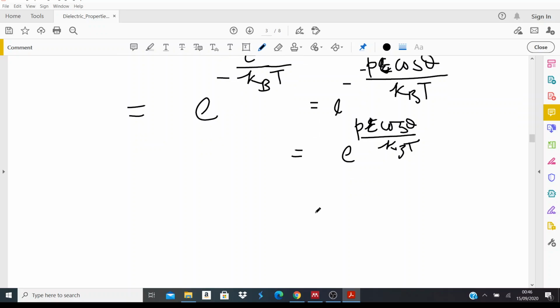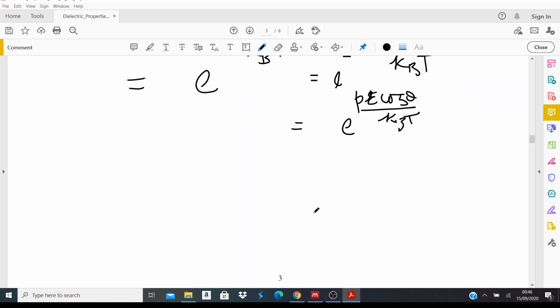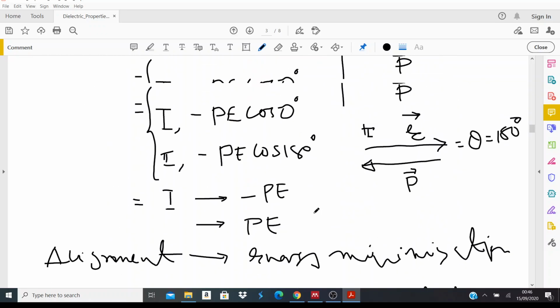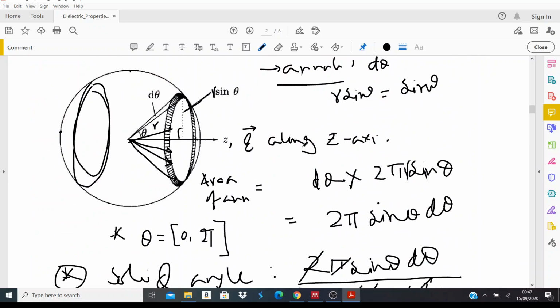Now the question is, what is the quantity that we are trying to calculate? Let me go back to this picture. We are applying some electric field in this direction, and all the moments that are randomized on the surface of the sphere will try to align.